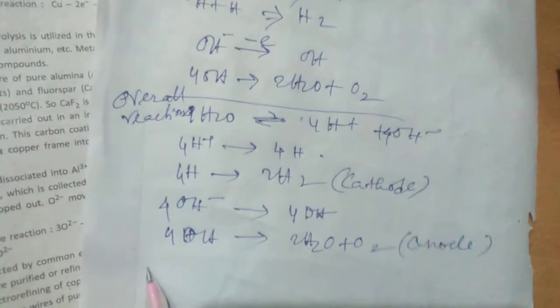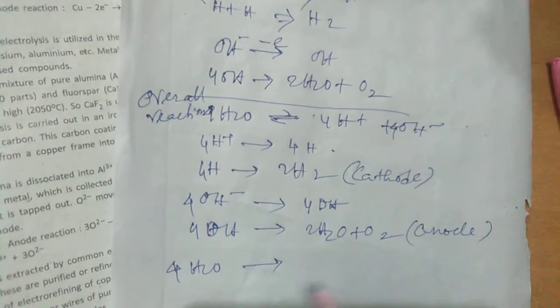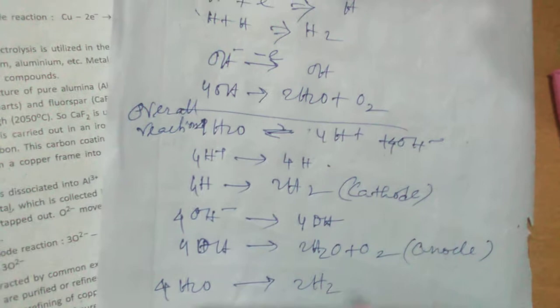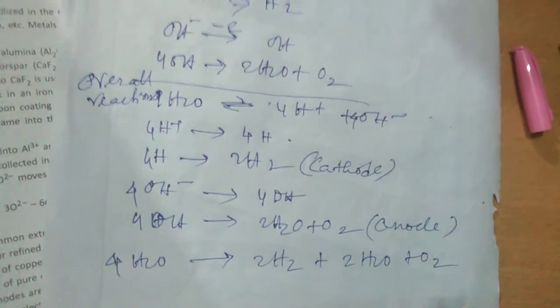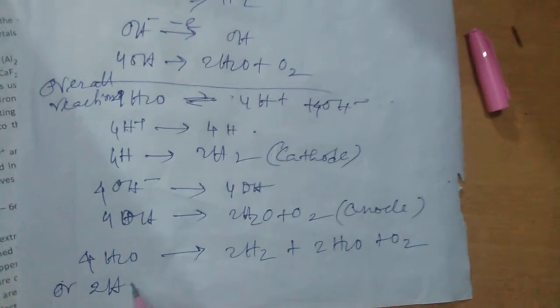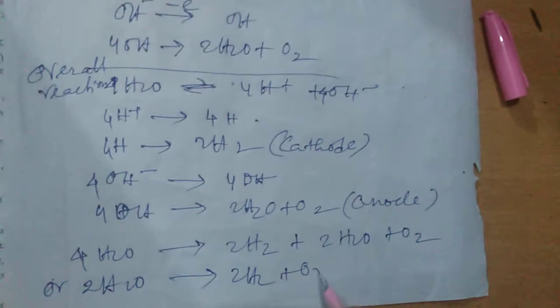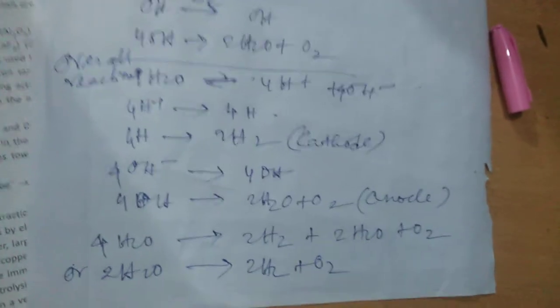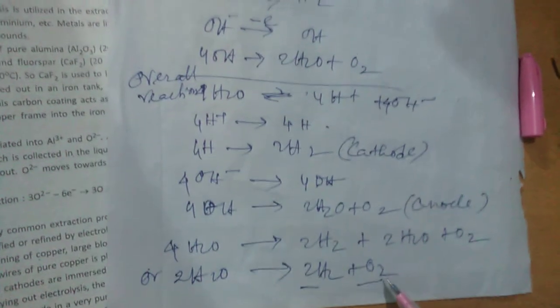So ultimately we get 4 H2O to 2 H2 plus 2 H2O plus O2, or by cancelling 2 H2O from both sides we get 2 H2O = 2 H2 + O2. Then what we get from the electrolysis of water is 2 volumes of hydrogen and 1 volume of oxygen.